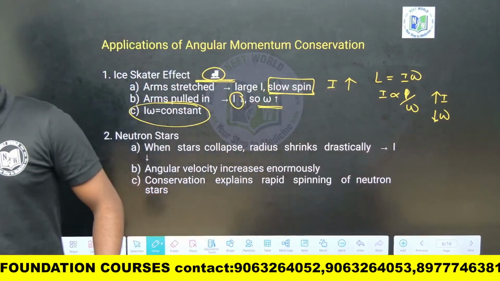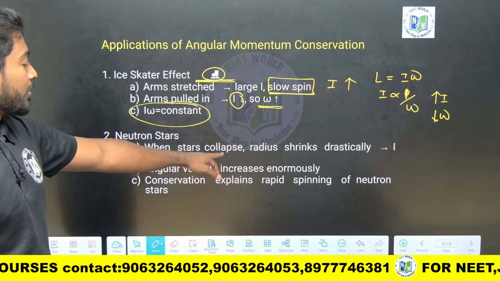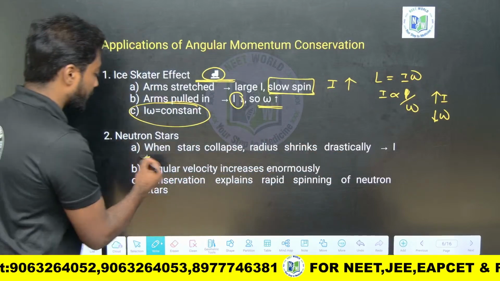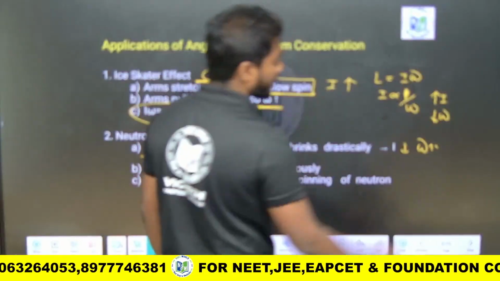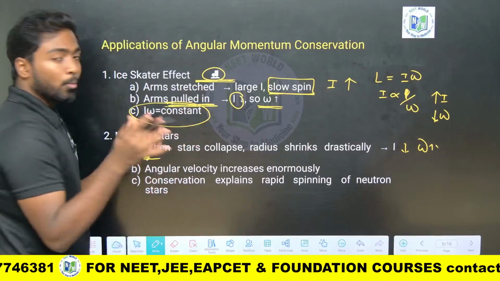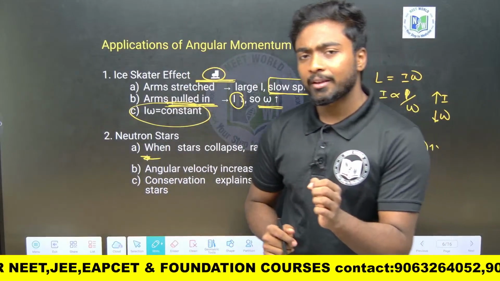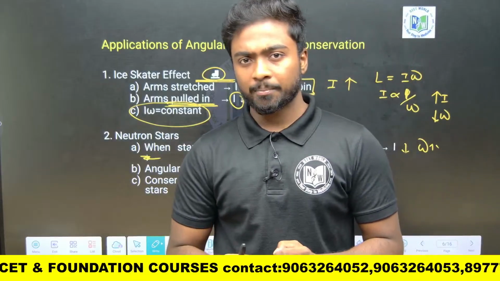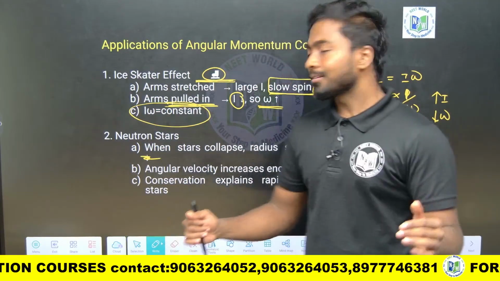Next thing, neutron stars. When a star collapses, its radius shrinks drastically, so I decreases. If I decreases, what happens? Omega increases.